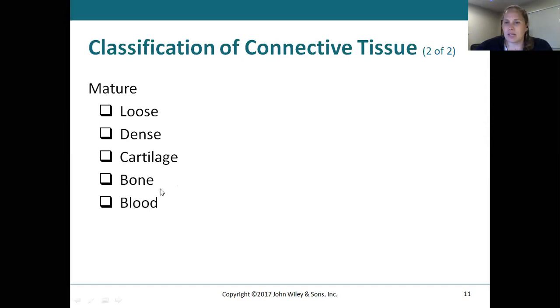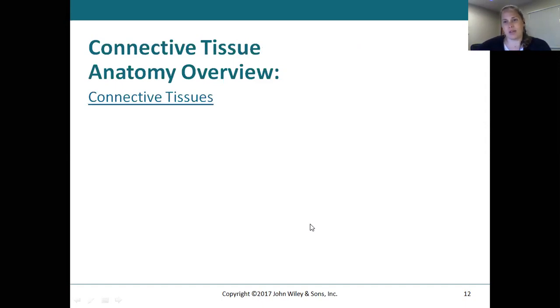We won't discuss those a ton today, so just maybe focus on these first few things like loose, dense, and cartilage, just because you've got enough to memorize. But just make sure you understand that bone and blood also fall under the classification of being mature connective tissue, and that's where they fall in the bigger picture of things.